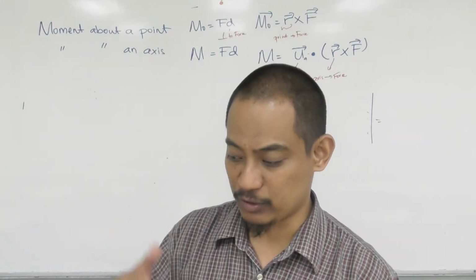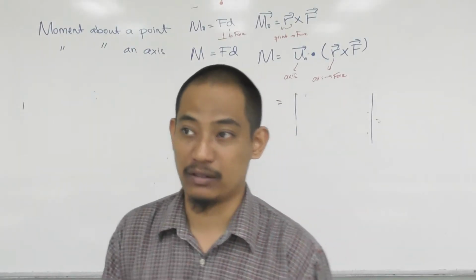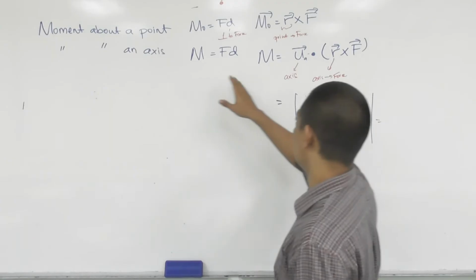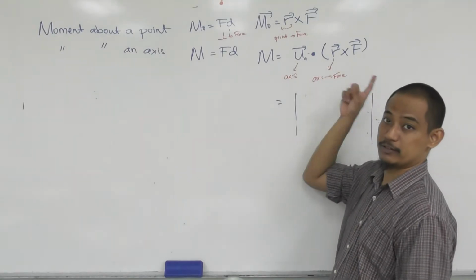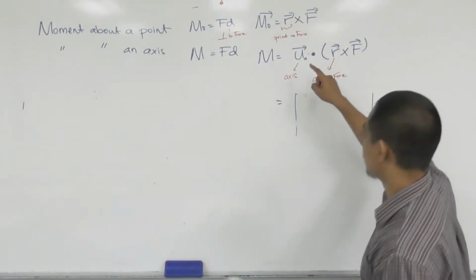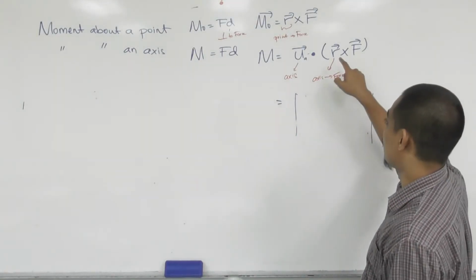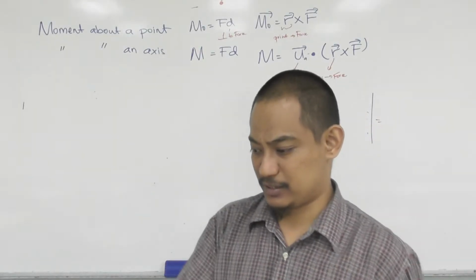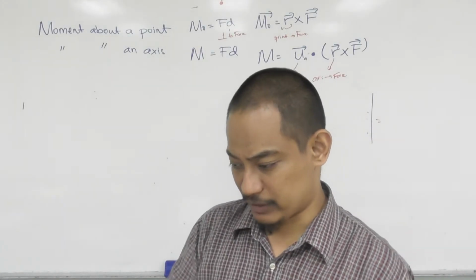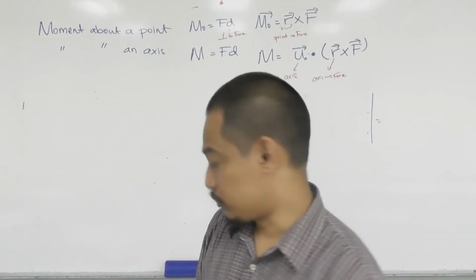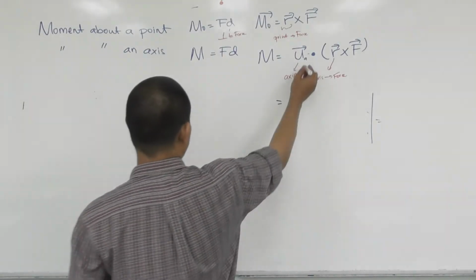Find the moment of F about AA axis, meaning moment about n axis, meaning I will use this equation. To use this equation, I need three things. One is, what is the unit vector of the axis? Two is R from axis to force. Third is F, right? And in this case, nothing is given, so I need to find all three. So let's discuss the unit vector first.